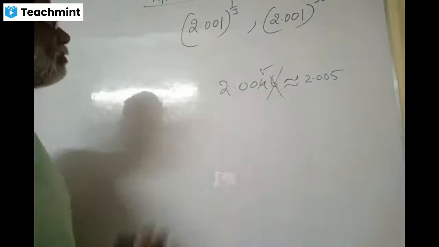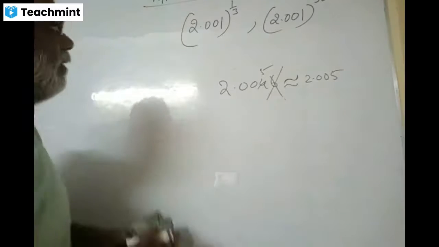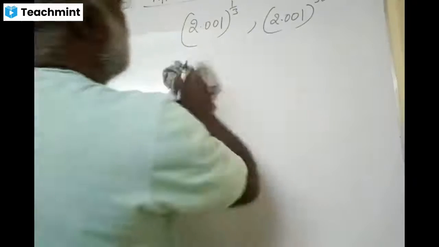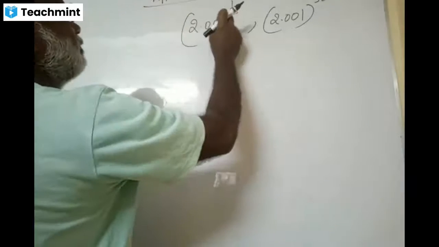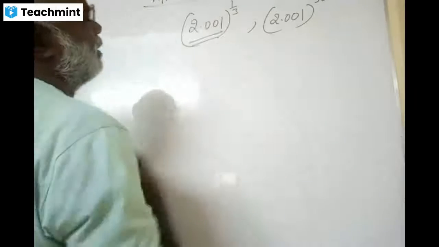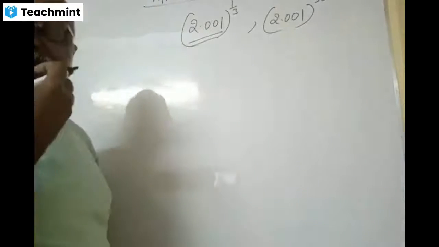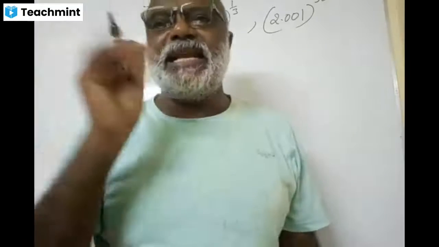So what are we trying to do here? How to find the approximate values of these? This is an irrational number, so it's very difficult to handle the irrationals first.